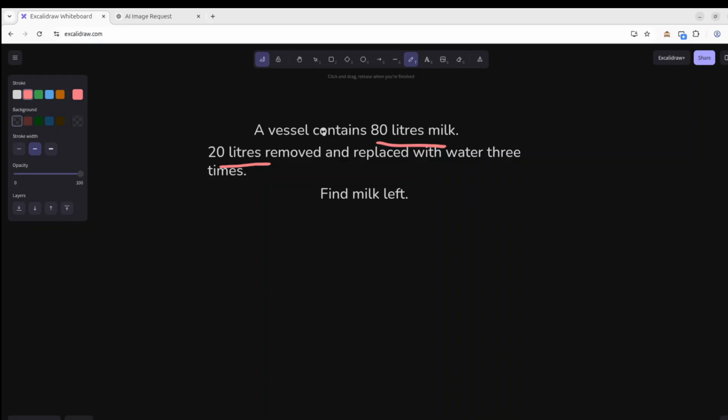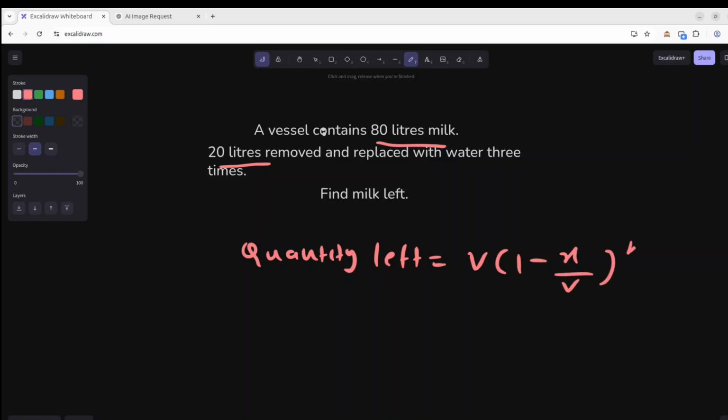So our successive replacement formula is quantity left equal to V into 1 minus x by V raised to n, where V equal to capacity of vessel, x quantity removed and n number of operations performed.